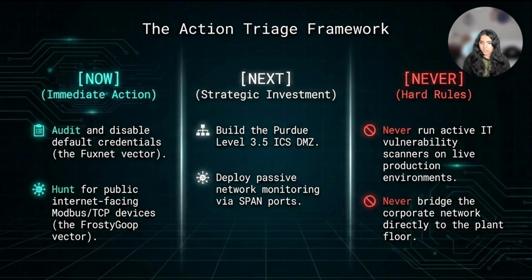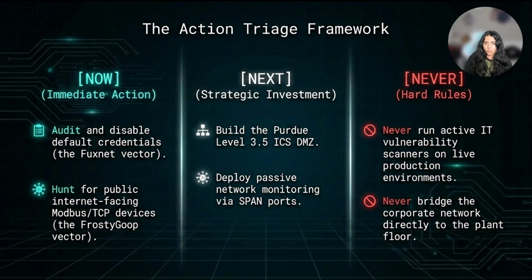So it is important that you audit and disable default credentials. You want to make sure that you don't have admin for your OT devices or software, so you audit them, and you look for public internet-facing devices, for example Modbus or TCP devices.